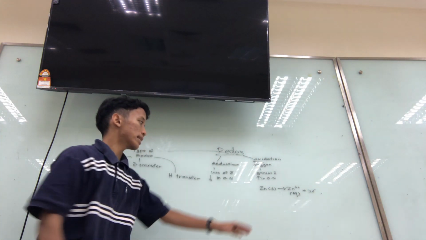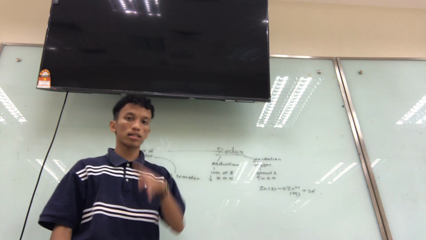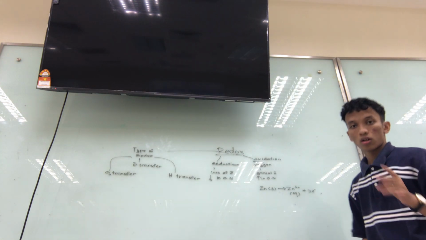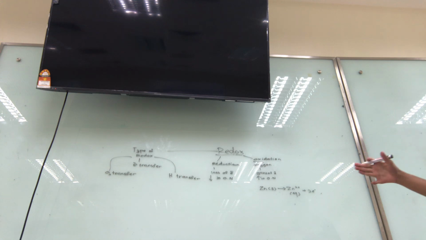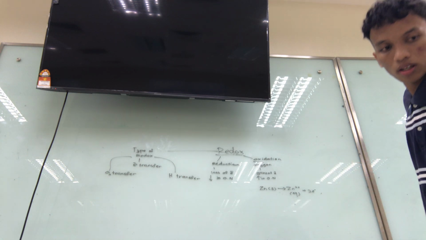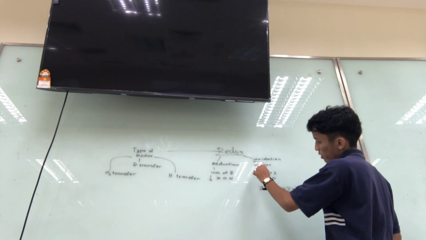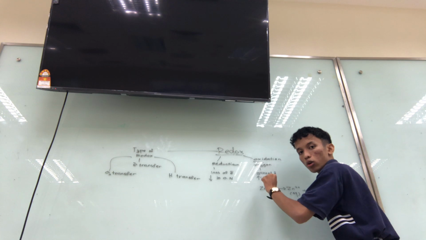This is what we call a half reaction for oxidation reaction. What does it mean by this half reaction? As I said before, oxidation means the reactant must gain electron.